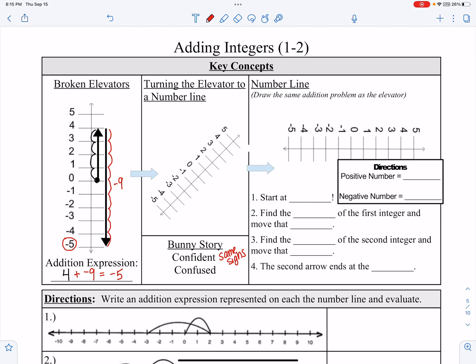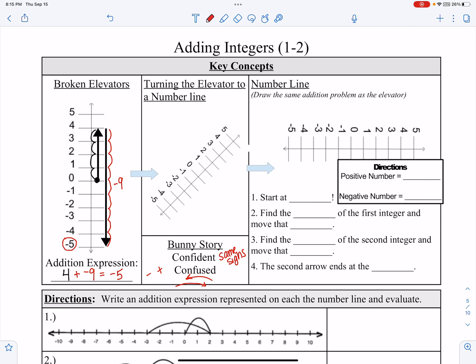It looks like a confident bunny knowing where he's hopping and moving. The confused bunny, however, has different signs, so a negative and a positive. And so you have movement one way, and then movement back another way, and it looks like a confused bunny hopping around. You can see that image down below of the confused bunny.